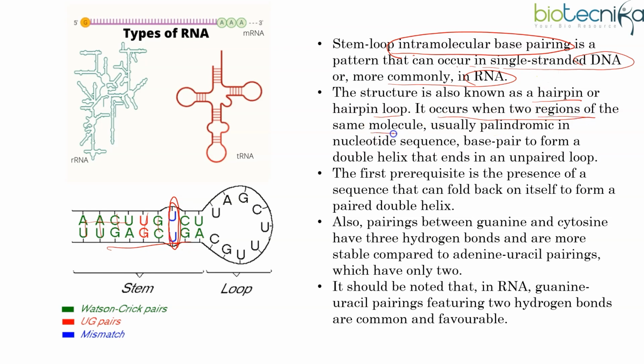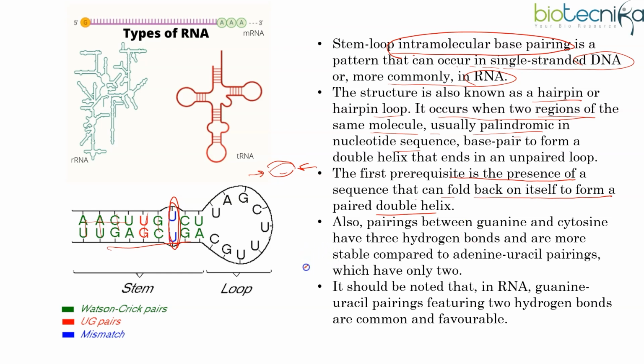It occurs when two regions of the same molecule have palindromic sequence. The first prerequisite is the presence of a sequence that can fold back on itself to form a paired double helix. So what you should look at is whether, from the 5' end and from the 3' end, the bases are matching or not. We must check the base pairs from both ends of each sequence.